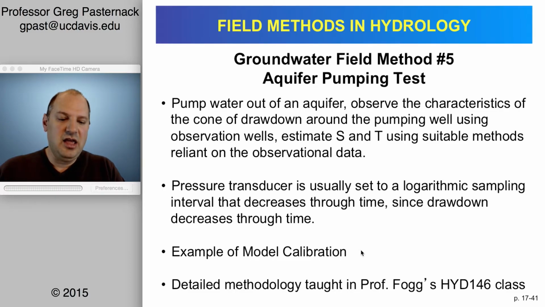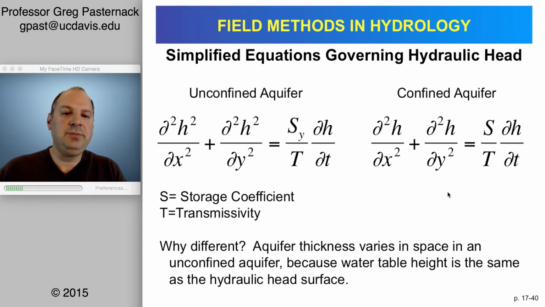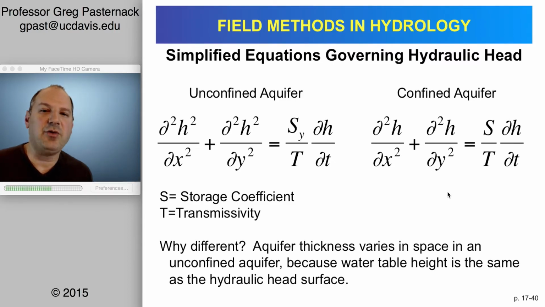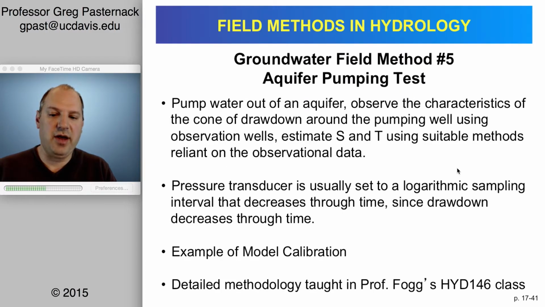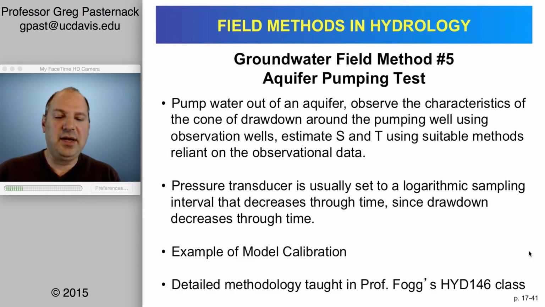And then if we wanted to test this equation, we could put it into a computer model and use observations of the hydraulic head from the first video podcast to go around and see whether the predicted heads match what the observations are showing. This would be covered in Professor Fogg's HYD 146 class. So we're not going to do a pumping test here because that's taught in another class.